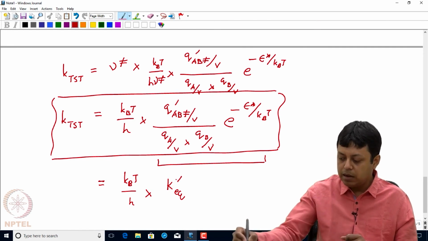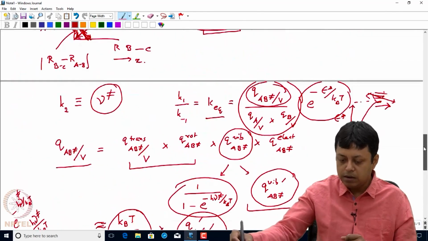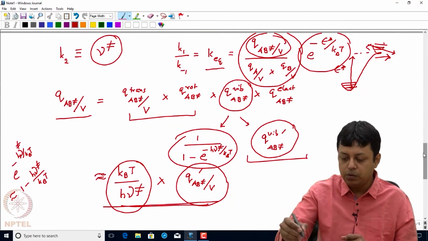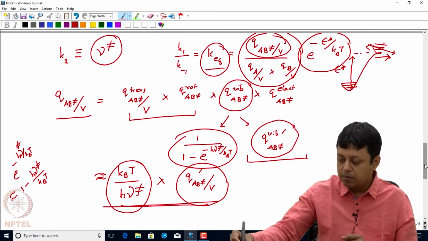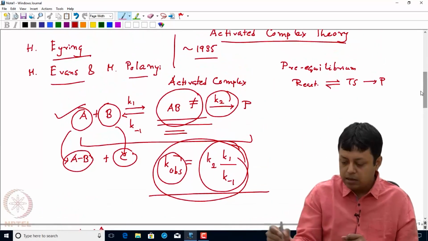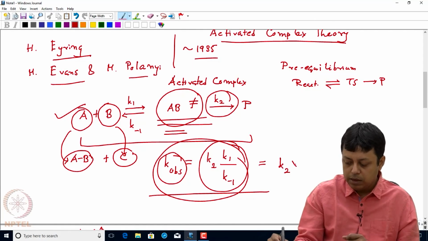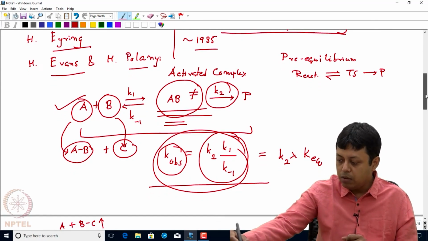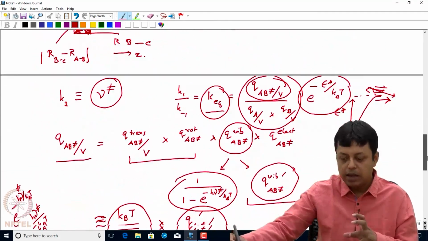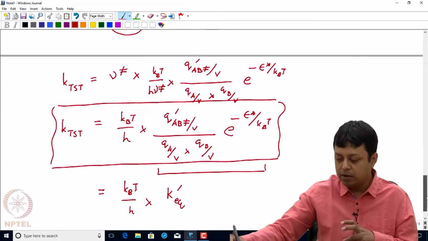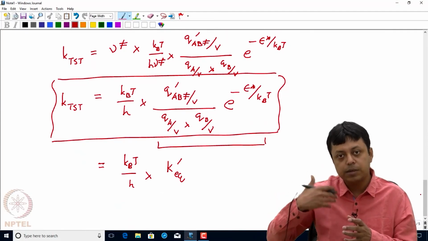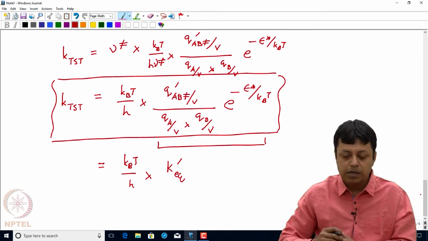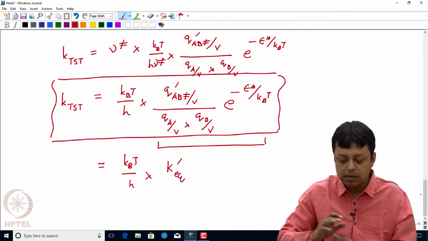So you can look at the similarities between this equation and the earlier one. Initially I had k2 into k equilibrium, where the equilibrium is between the reactants and the transition state, and now I have cleverly taken out 1 degree of freedom, which is along the reaction coordinate, because I expressed it in terms of the partition function, took out that degree of freedom, recombined the partition functions, and again wrote this entire thing as an equilibrium.